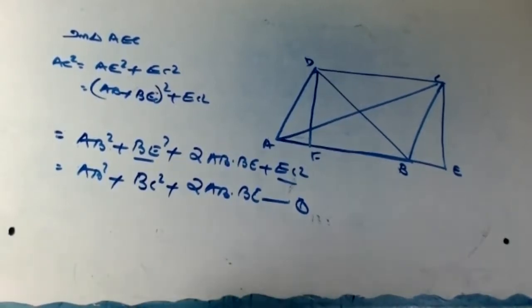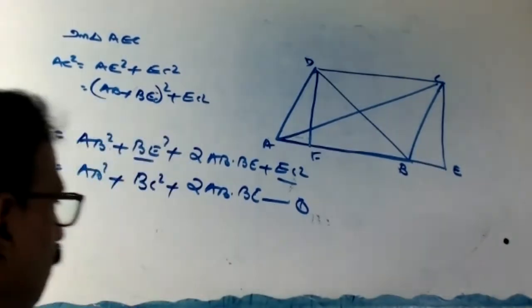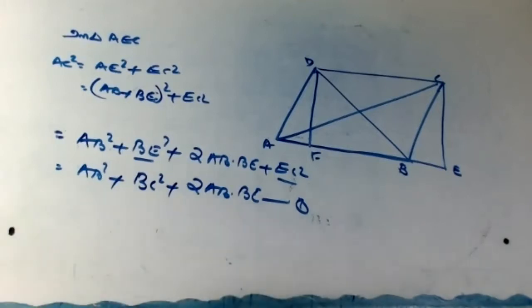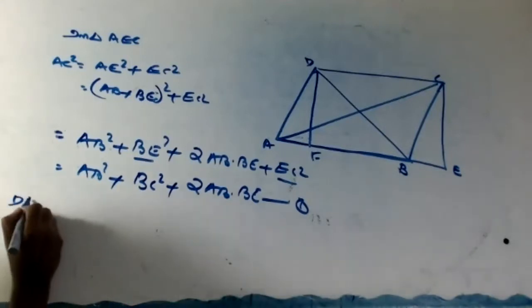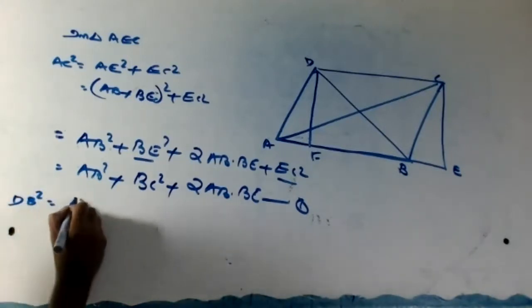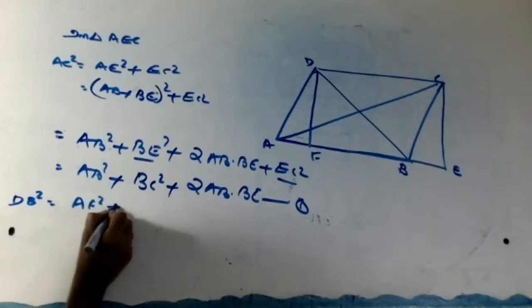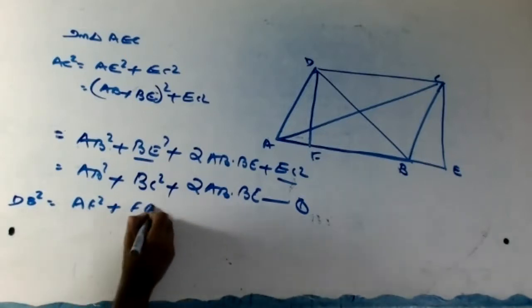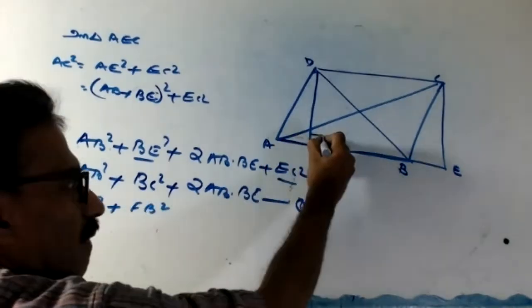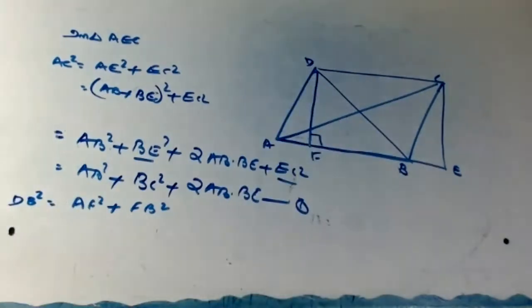Okay. Now in triangle DFB, look here. In triangle DFB, DB square equal to AF square plus FB square. Correct on this triangle. DFB, DF square plus FB square.